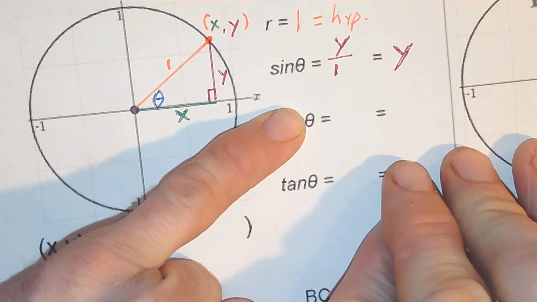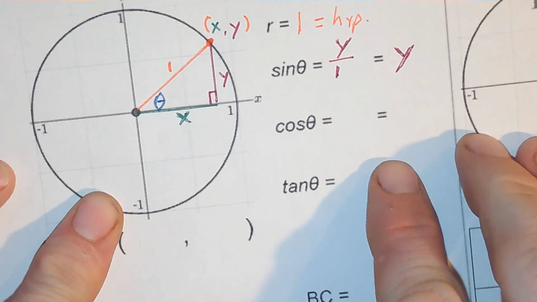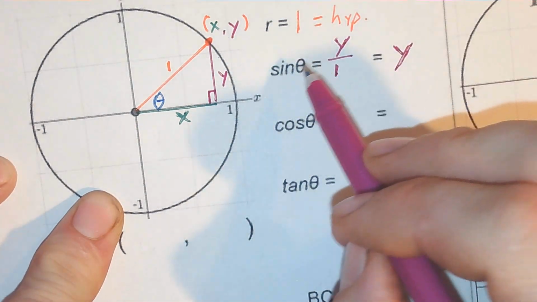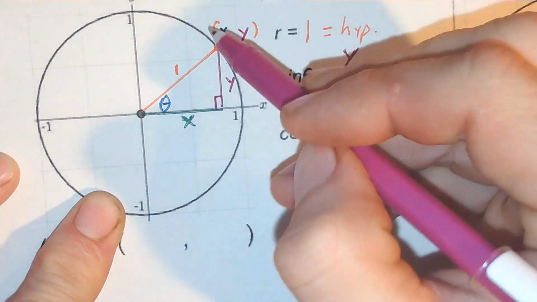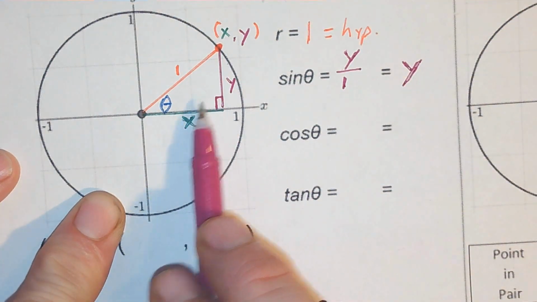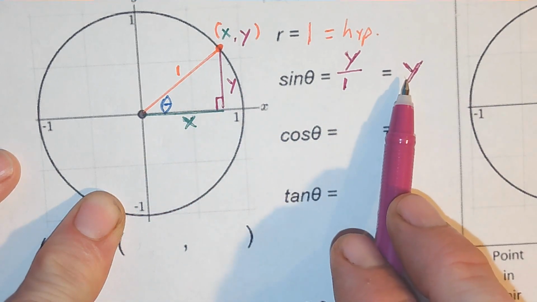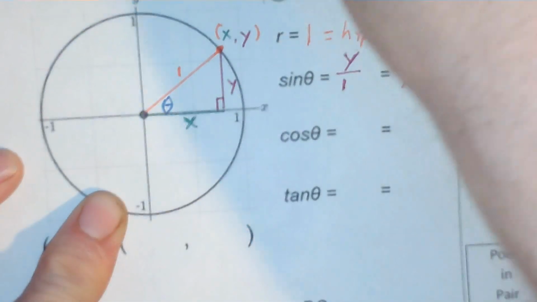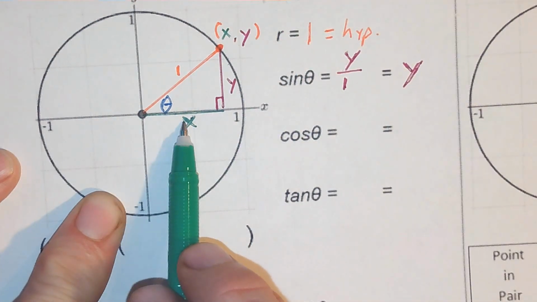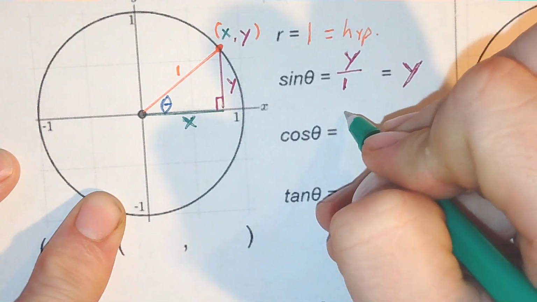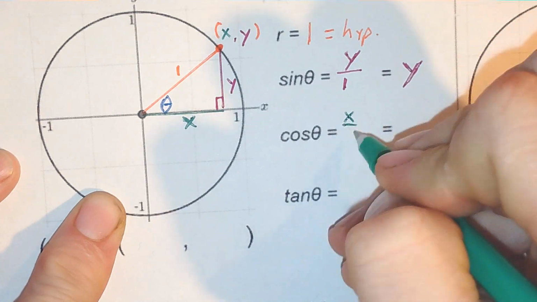So on a coordinate circle, in this quadrant, my sine is my y value. The cosine is my x value. It's adjacent over hypotenuse, my x over 1.